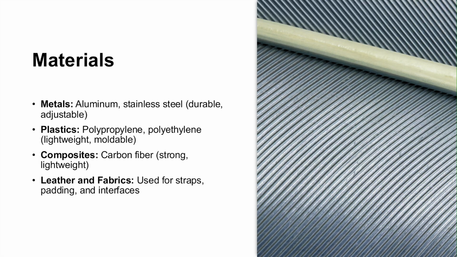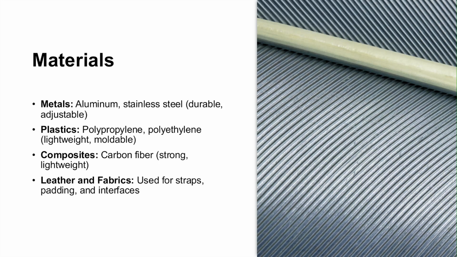Now, the materials used in KAFO prefabrication. The choice of materials impacts both performance and comfort, but comfort is usually affected more by the type of material used. Aluminum is light and corrosion resistant, while stainless steel often offers more strength.